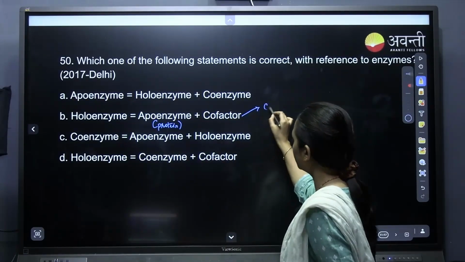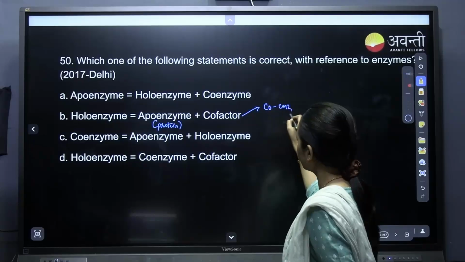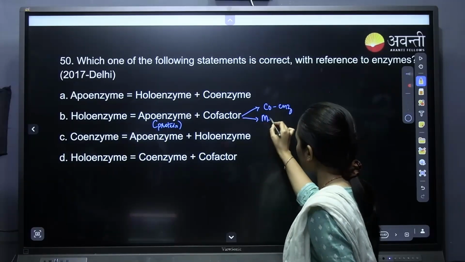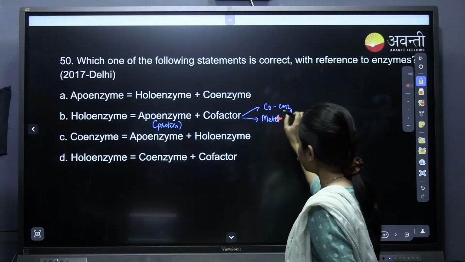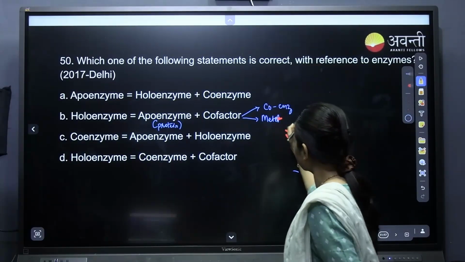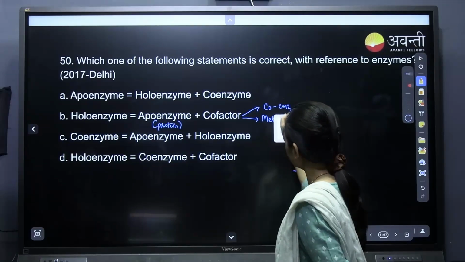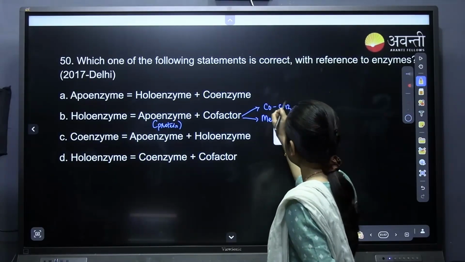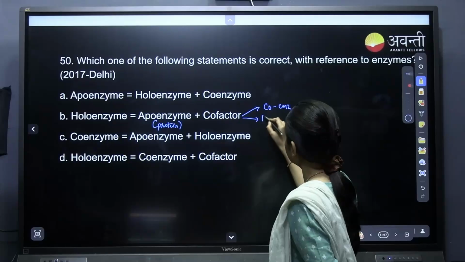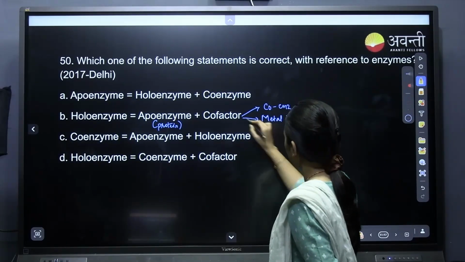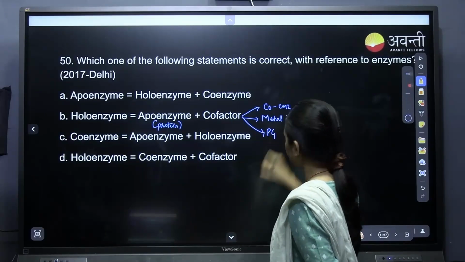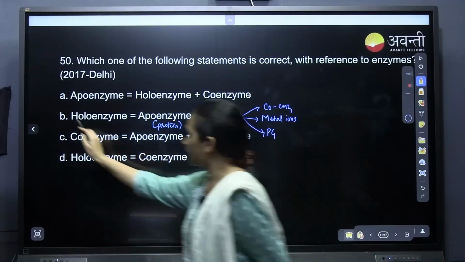Cofactors can be coenzymes, metal ions or prosthetic groups. So yes, B for Bombay is the right answer.